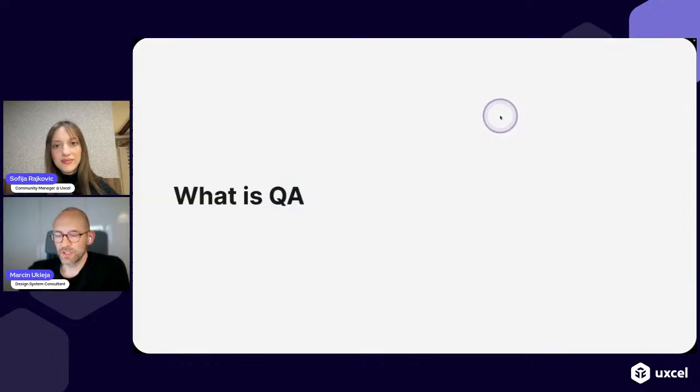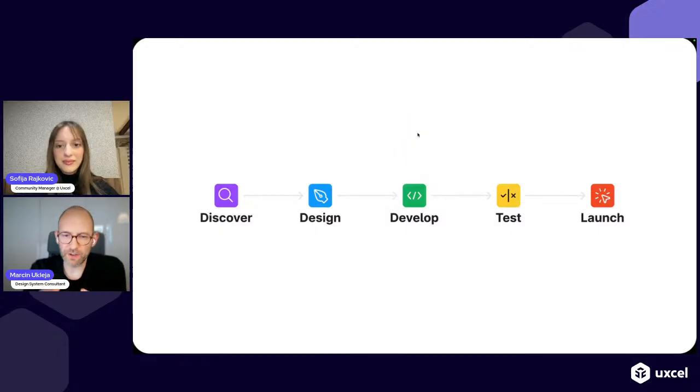So let's start into quality assurance and how we can perceive that. This is a very simplified software development process. Of course, this is very related to the waterfall framework, but even if we work with agile, these kinds of steps usually happen from time to time.